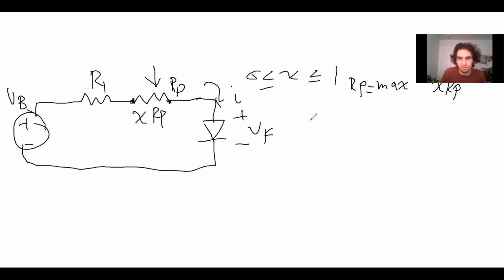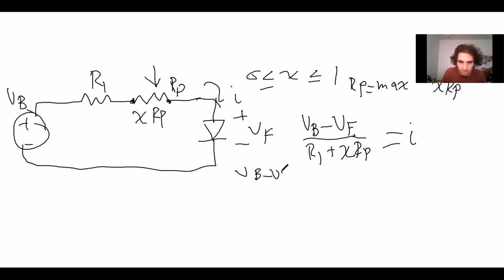Let's write the equation we did last time: VB minus VF over, in this case we have 2 resistors, so R1 plus XRP, because we don't know how far the potentiometer is turned, and that equals I. I can rearrange this: VB minus VF over I equals R1 plus XRP.